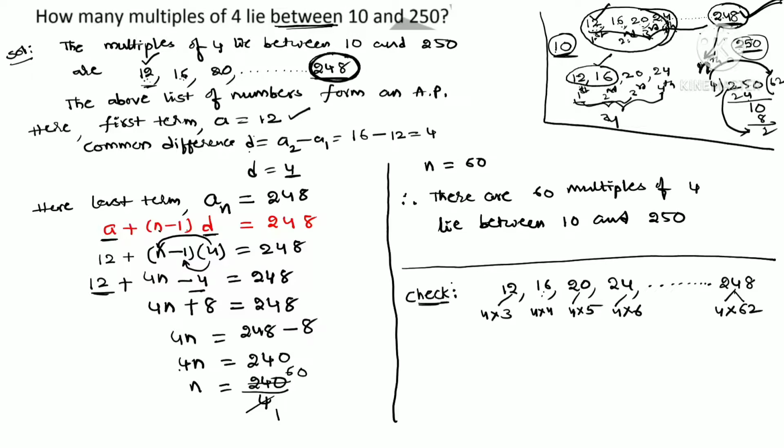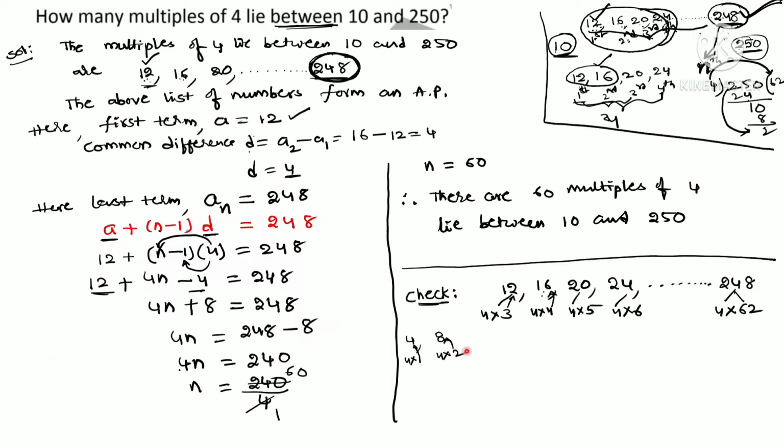First multiple. What is the first multiple of 4? 4 into 1, 4. 4 into 2 is 8. This is the first multiple. This is the second multiple. This is the third multiple. This is the fourth multiple. Yes or no?